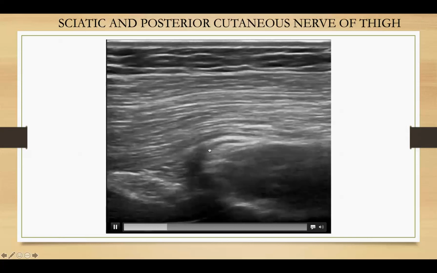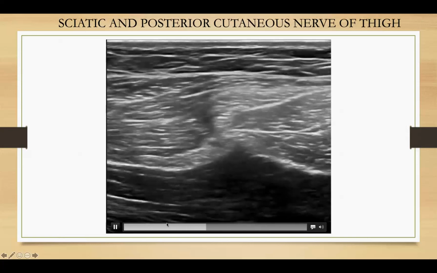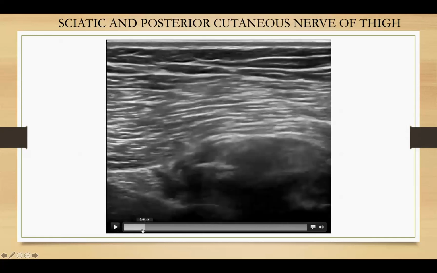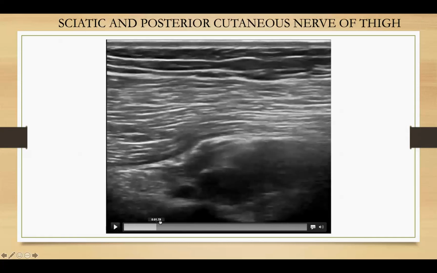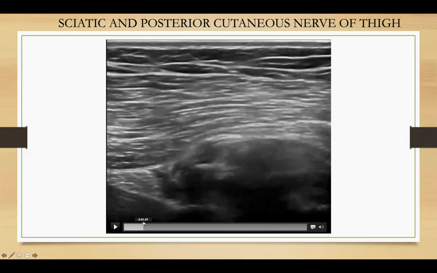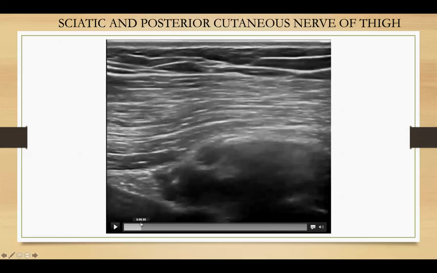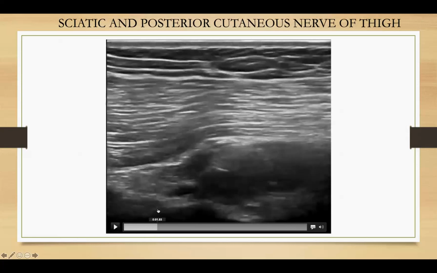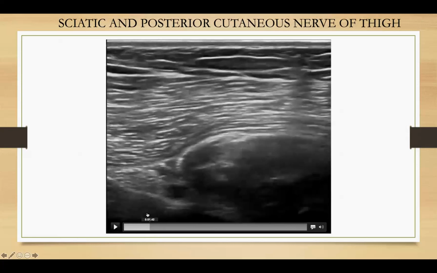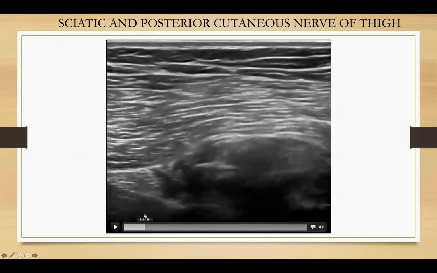So I'm looking in this plane here. As we go back and forth there, you'll see a honeycomb type structure moving from a deep and lateral position to a relatively superficial and medial direction, overlying the biceps femoris muscle.